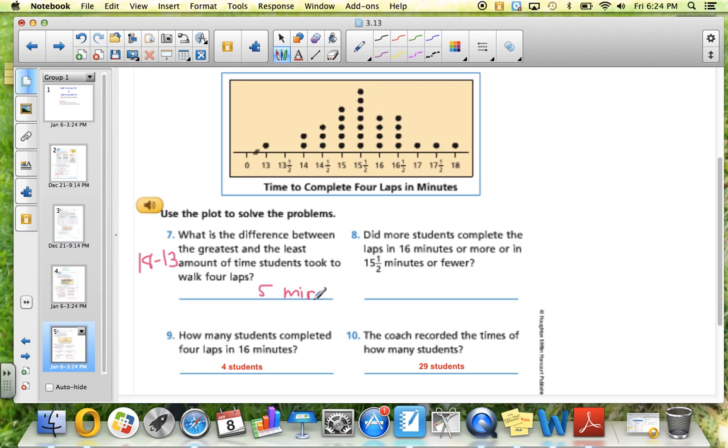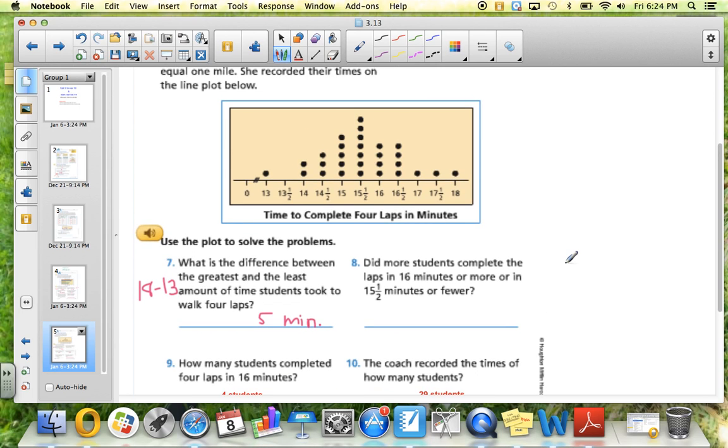Voila, super easy. Okay, number 8. Did more students complete the laps in 16 minutes or more, or in 15.5 minutes or fewer? Okay, so for 16 minutes or more, we would pretty much just split the graph right here, because it's 16 or more.